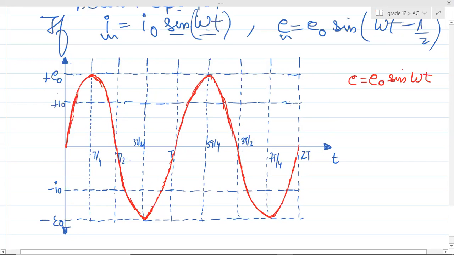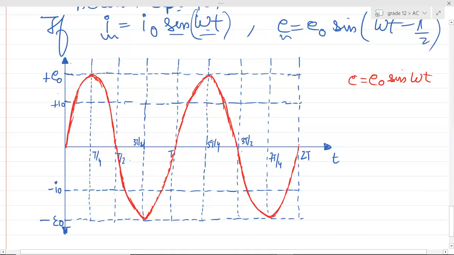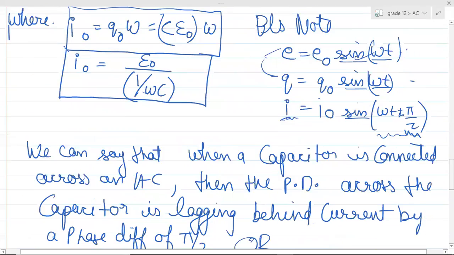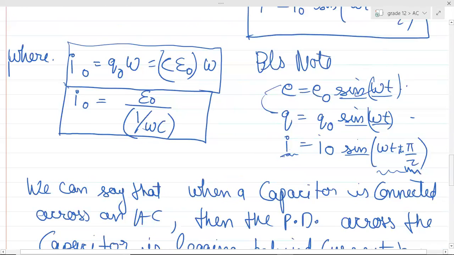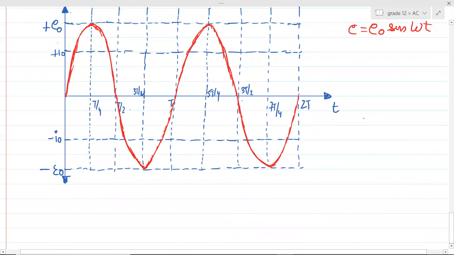Now, what about the current? Do you remember the current was basically what? Cos omega t. The current was basically cos omega t, and we know the graph of cos omega t is like this, right? So I'll draw it for current as well.